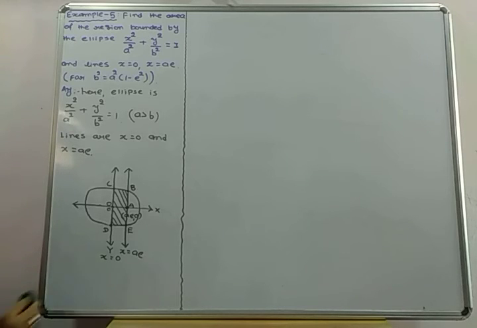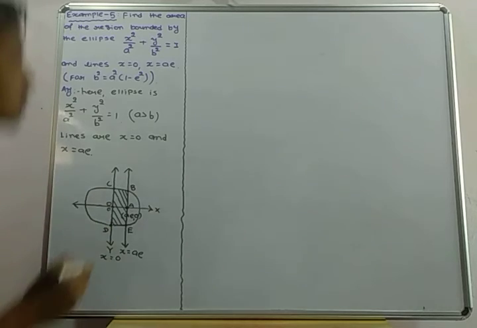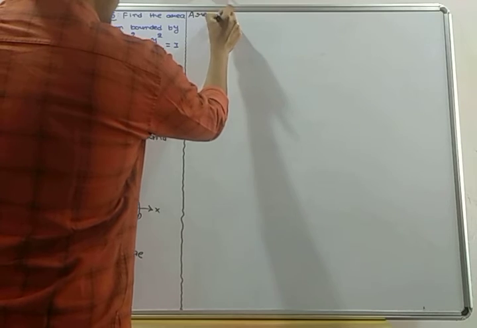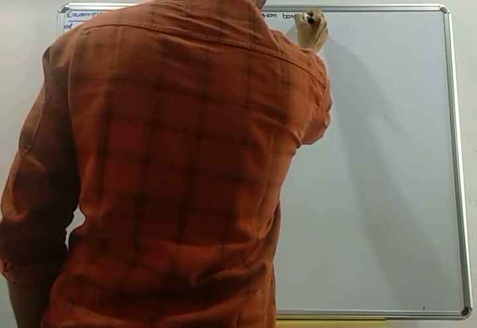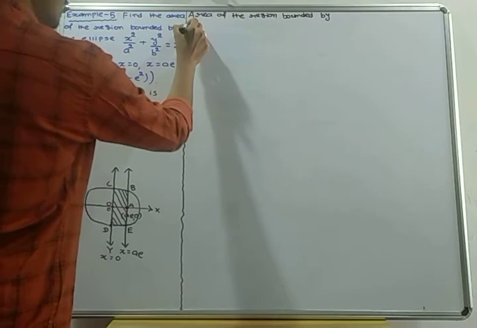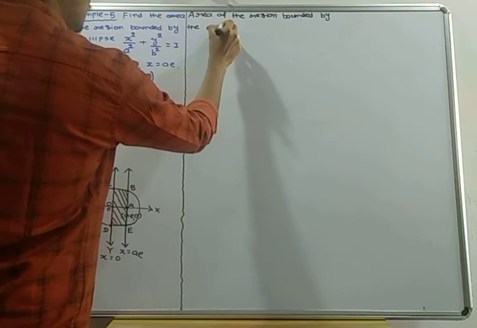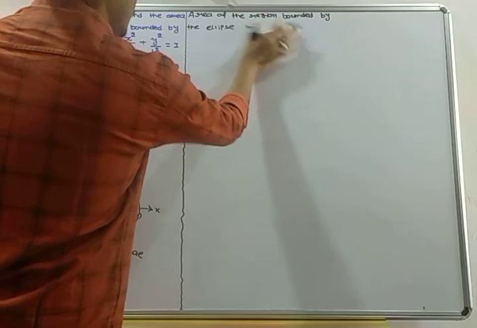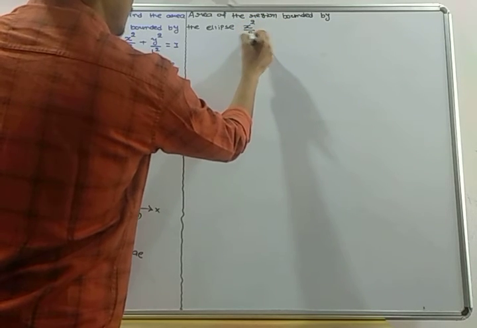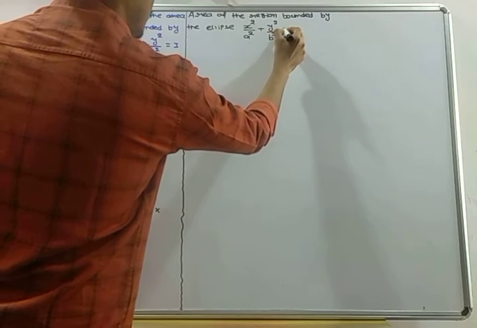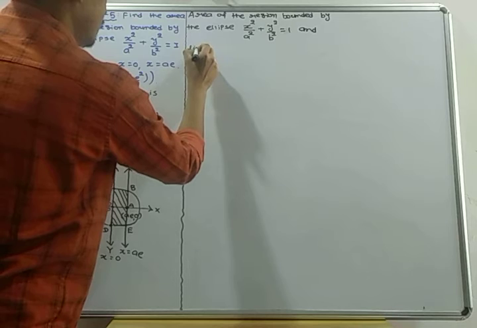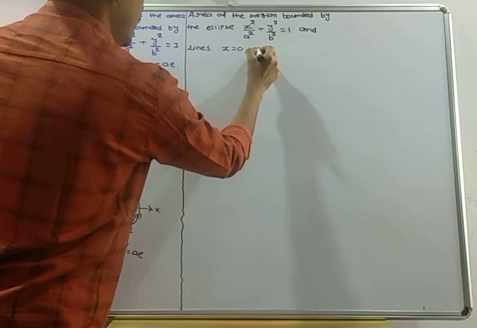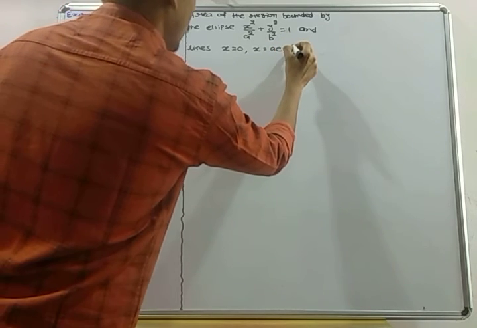चलो तो इजी, तो और व्हाट इज द एग्जैक्ट एरिया हमें जो फाइंड करना है वो O D E A B C O, तो एरिया ऑफ द रीजन बाउंडेड बाय the ellipse and lines, ellipse इक्वेशन लिखते हैं यहाँ पर, x square by a square plus y square by b square equal to 1, and lines x equal to 0 and x equal to AE.